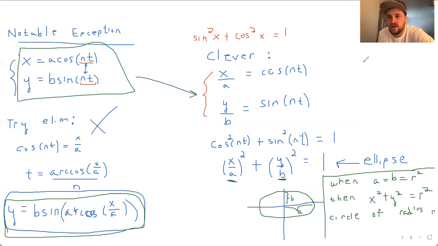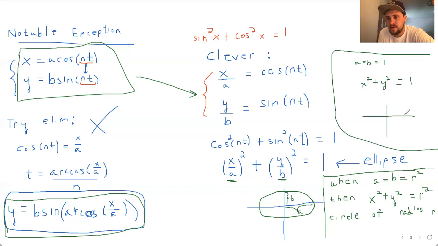So for example, if a was equal to b was equal to 1, then we'd have x squared plus y squared equals 1. And in rectangular coordinates, that is the equation for a circle of radius 1, the unit circle.